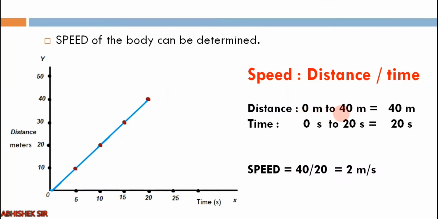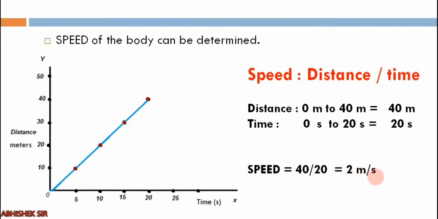Distance equals 0 meters to 40 meters, that is 40 meters, and time from 0 to 20 seconds, that means 20 seconds. So here distance is 40 meters, time is 20 seconds. So let us find the ratio of distance upon time. Speed equals distance upon time, that is 40 meters upon 20 seconds. That means 20 into 40.